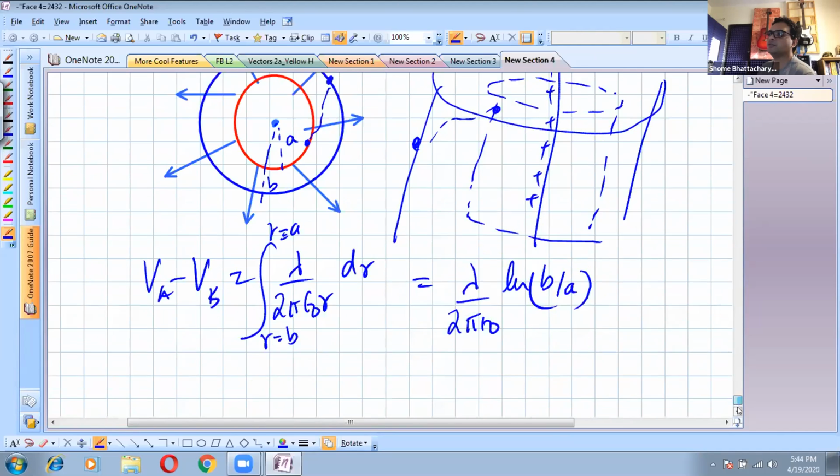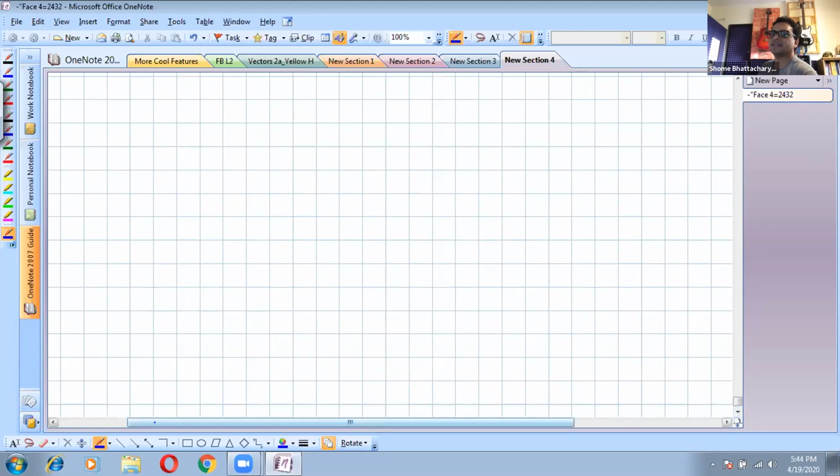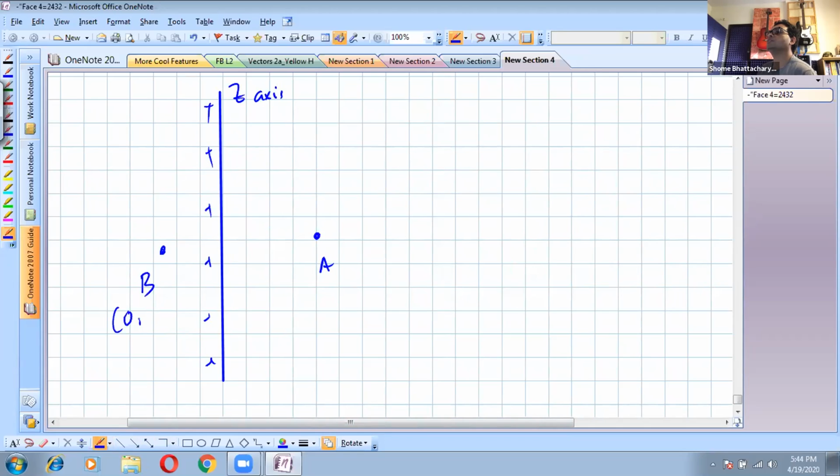So now come back to my question and see. The x-axis we forget about, because due to the x-axis there is no potential difference. Now think of the z-axis. We are moving from a point A to another point B, where point B was 0, 1, 1, and point A was 1, 1, 1.